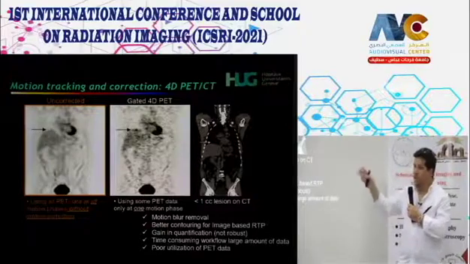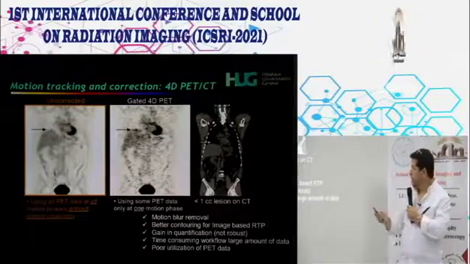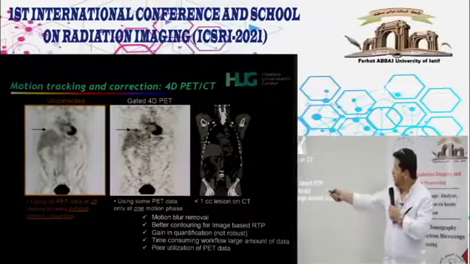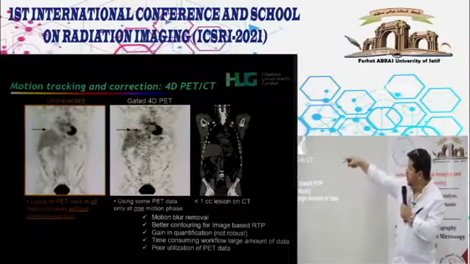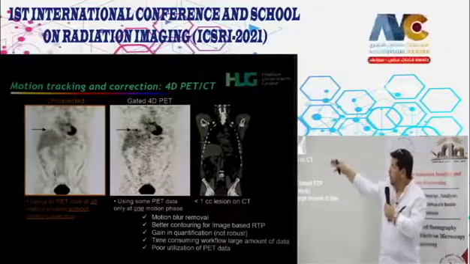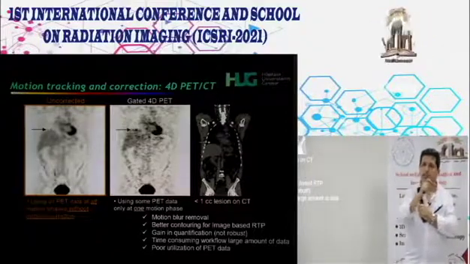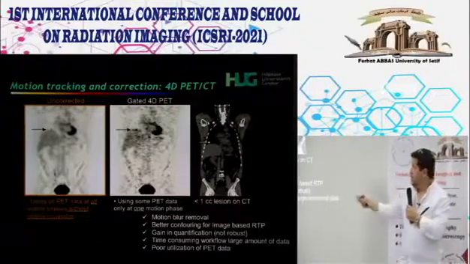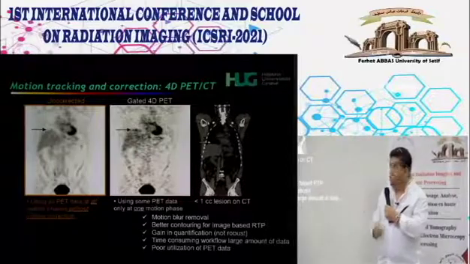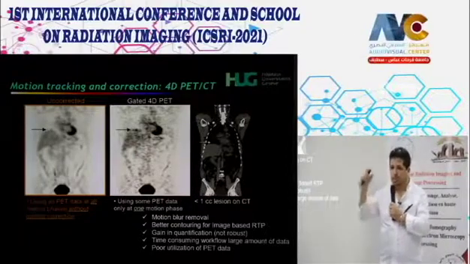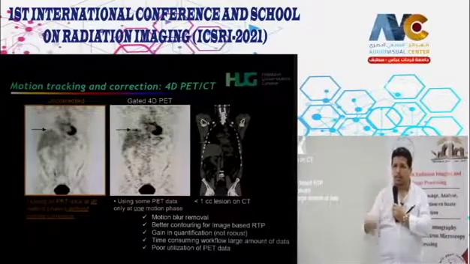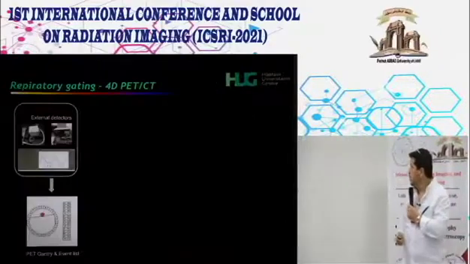Then you can split this into a number of respiratory gates, which enables you to reconstruct 8 or 10 PET images corresponding to different phases of the respiratory cycle. This tends to increase lesion detectability because you get rid of the blurring that takes place during the respiratory motion.